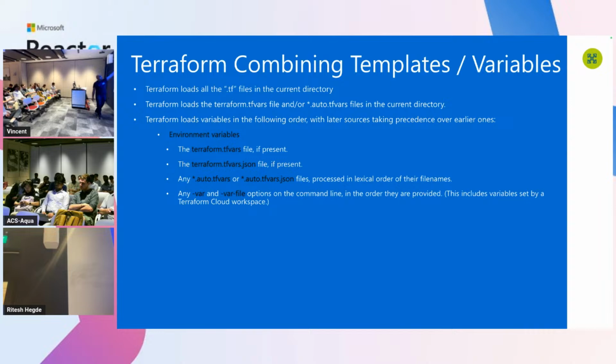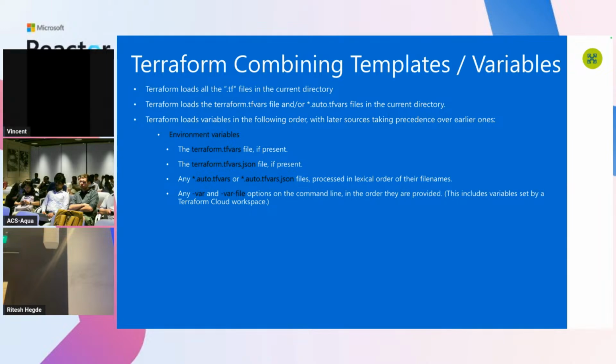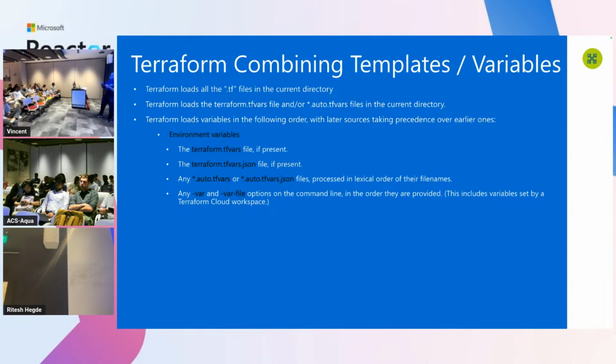Now Terraform loads variables in the following order. The later sources take precedence over earlier ones. What does that mean? Let's say I've set environment variables and the variable.tf file, I have set as a var. But for one particular resource, I want to pass some special information.